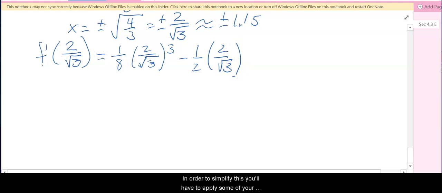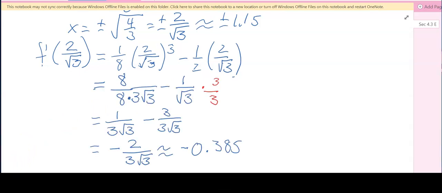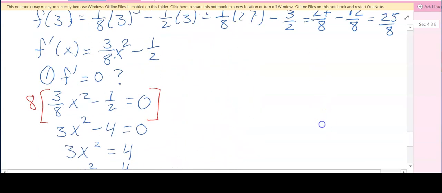In order to simplify this, you'll have to apply some of your algebra. Pause the video and simplify it, and then see if your answer matches mine. When I reduced and applied arithmetic, I got -2 divided by 3 square roots of 3, which is roughly -0.385. This is a possibility for an absolute extrema over the closed interval.